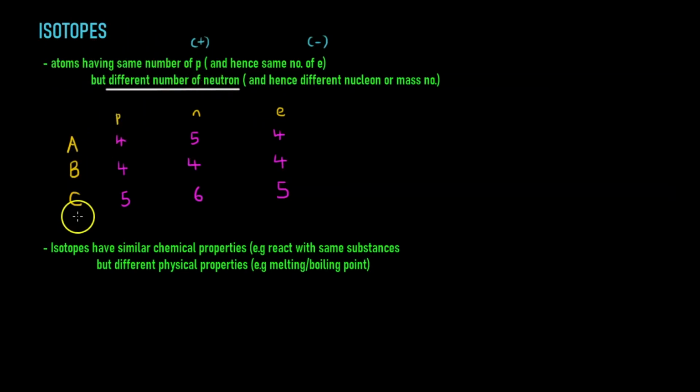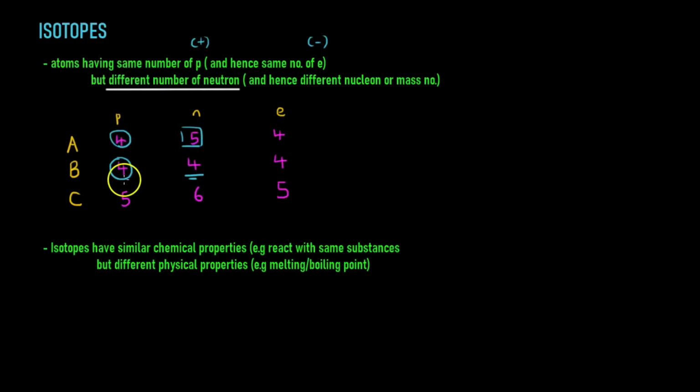Let's take a look at A, B, C. So you can see that A has 4 protons, 5 nucleons, 4 electrons. The rest you can see for yourself. But you can see that they have the same number of protons in terms of A and B. So these two are the same. But this is different. Do you see?